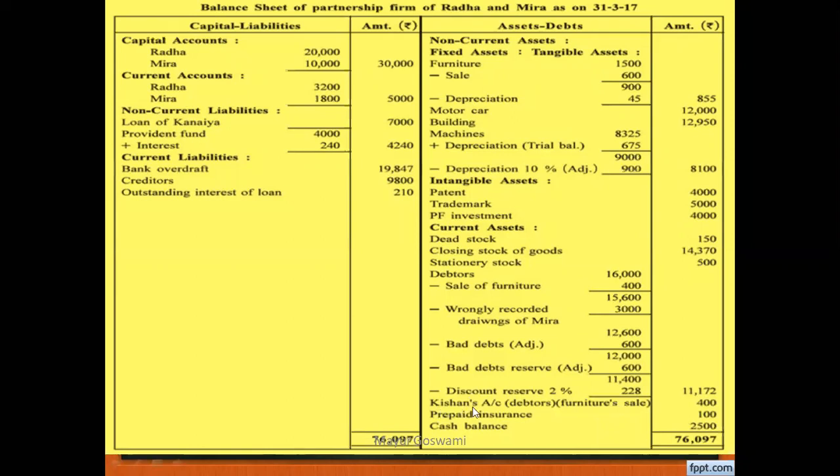Right here, Kisan's account, in brackets furniture sold. But to Kisan, at which price actually are we selling this furniture? It has a book value of 600, but we are selling to Kisan for 400. So right here 400.